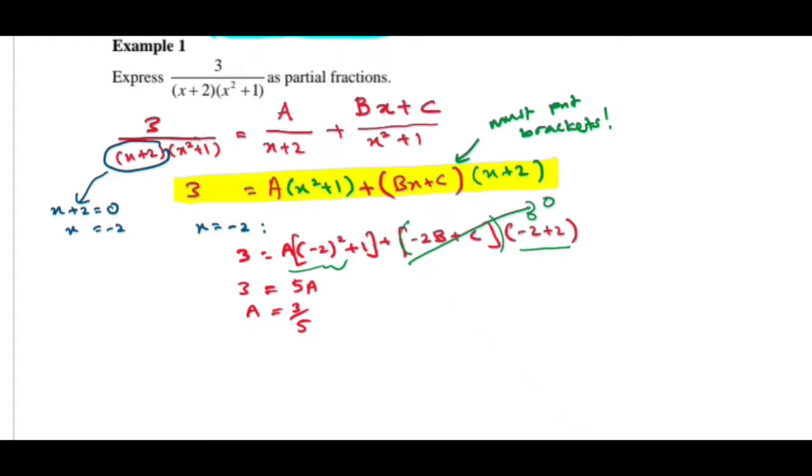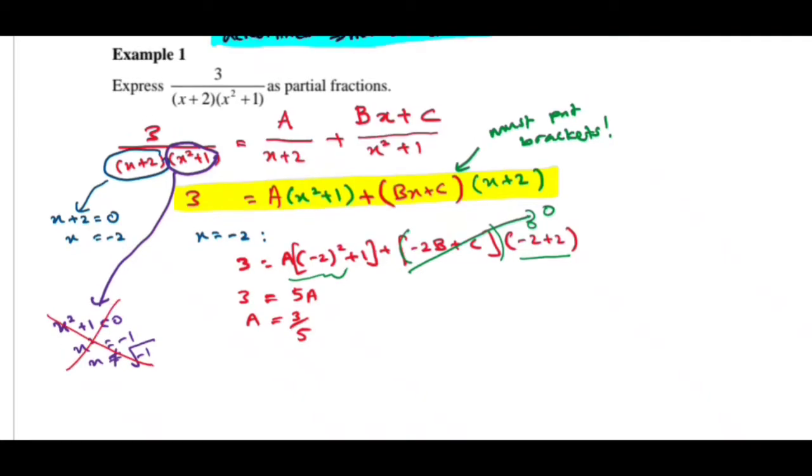Next choice of x. Let's look at the other denominator value. This is x squared plus 1. Equate this to 0. And you will see that this is an imaginary number because you have square root negative 1. You cannot solve this, and it's not real. So this means we cannot use this value of x.